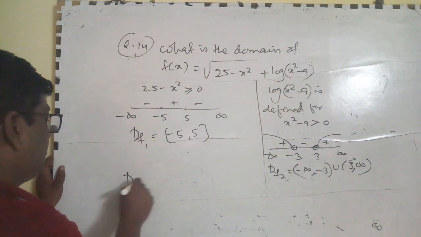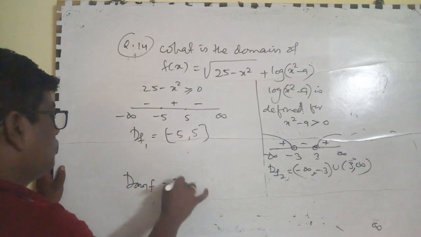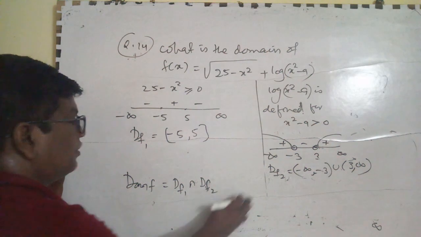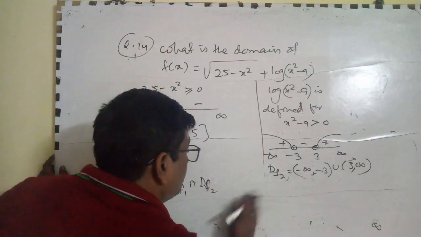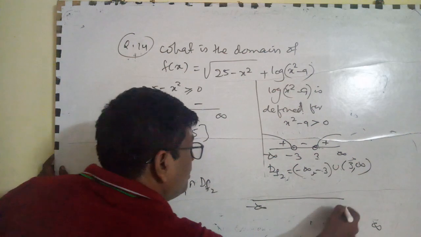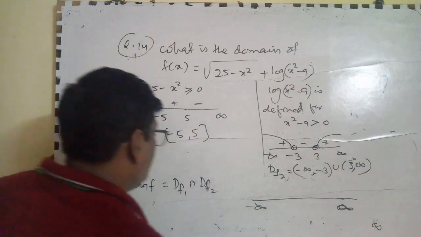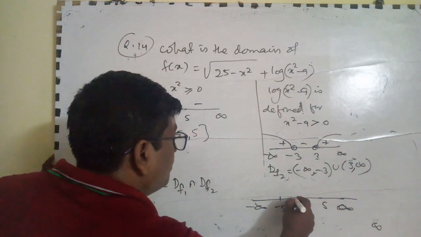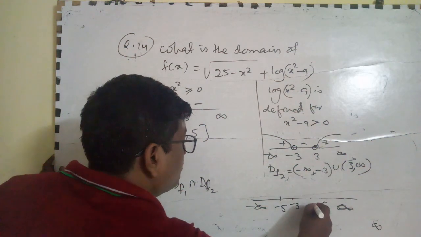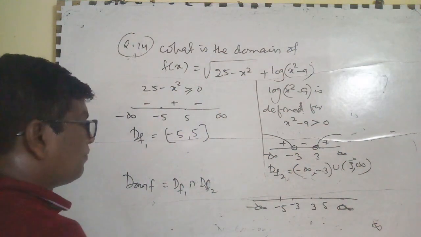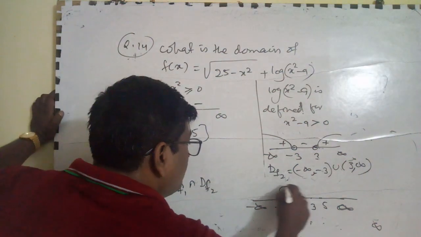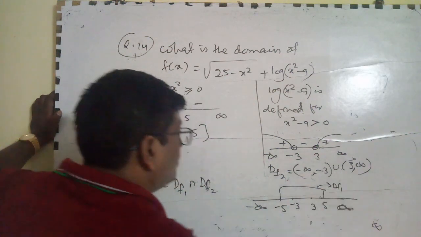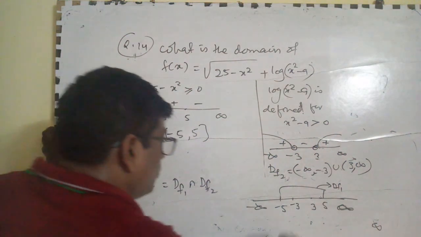So dom f is equal to df1 intersection df2. What are the common? This is minus infinity to plus infinity, and this is minus 5, this is plus 5, this is minus 3, and this is plus 3. This is df1, and what is df2?